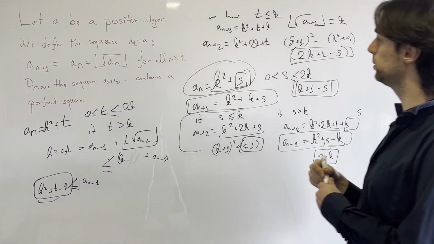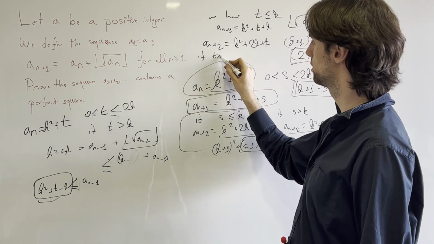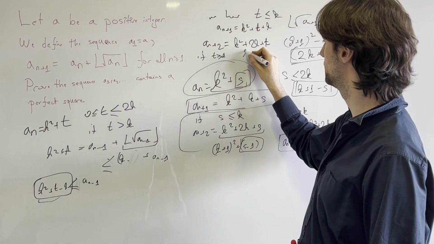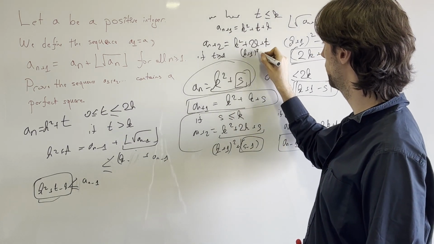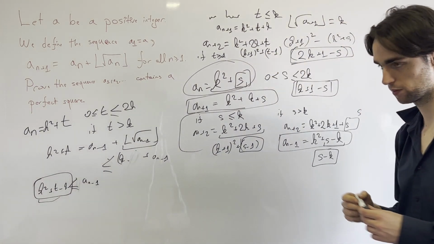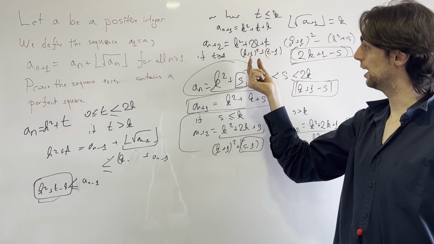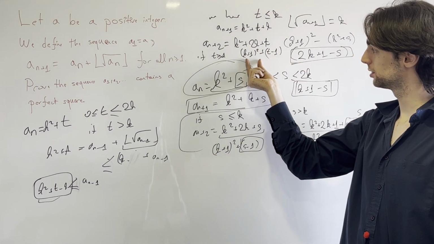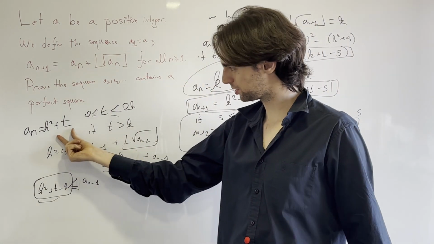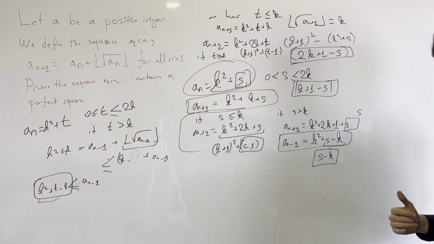And now I know that if t is greater than or equal to 1, I'm going to get a contradiction, because I have this as k plus 1 squared plus t minus 1. So now if t isn't equal to 0, I've gotten a number that is smaller than the previous t, which should give me a contradiction.